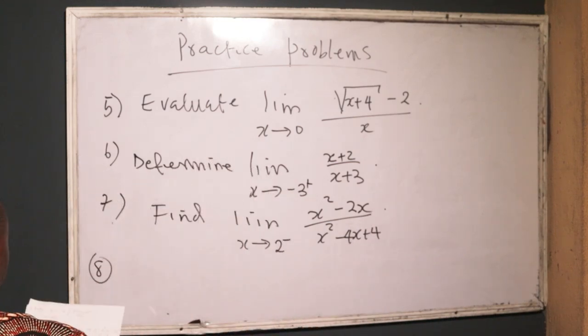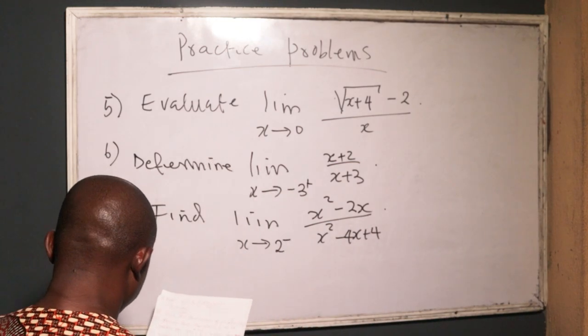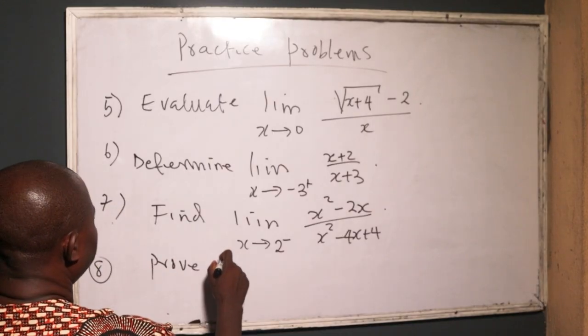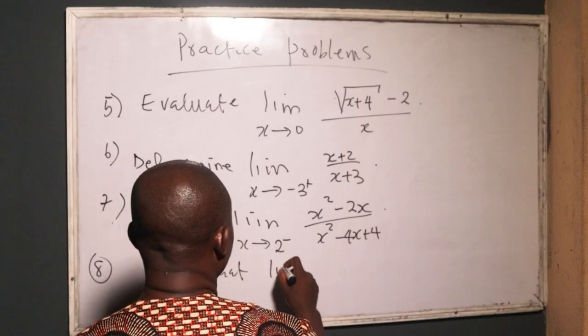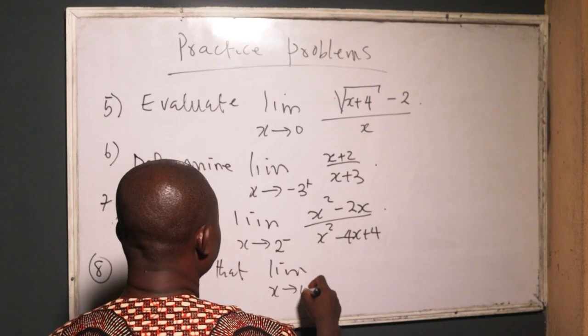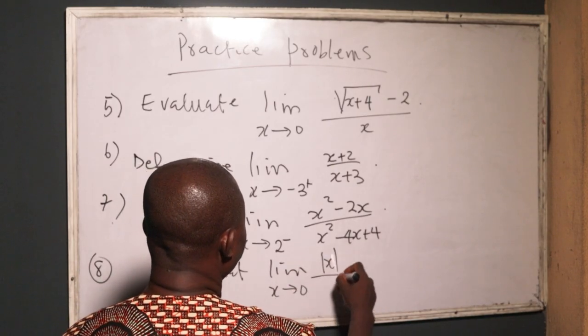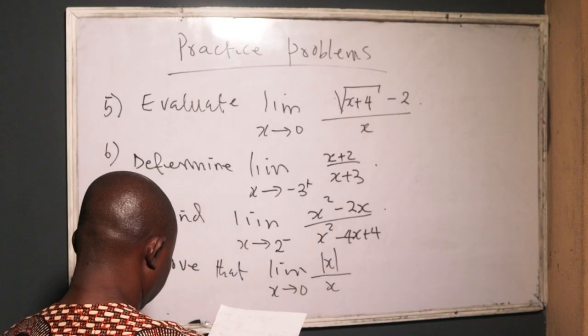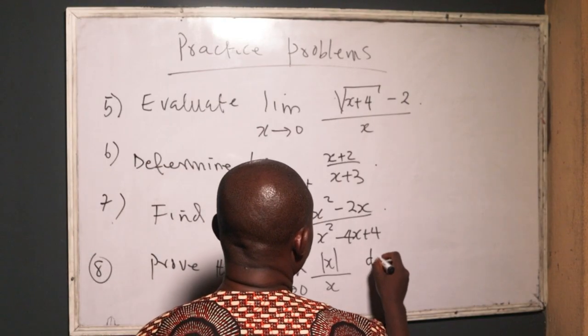Number 8 says prove that the limit as x tends to 0 of the absolute value of x divided by x does not exist.